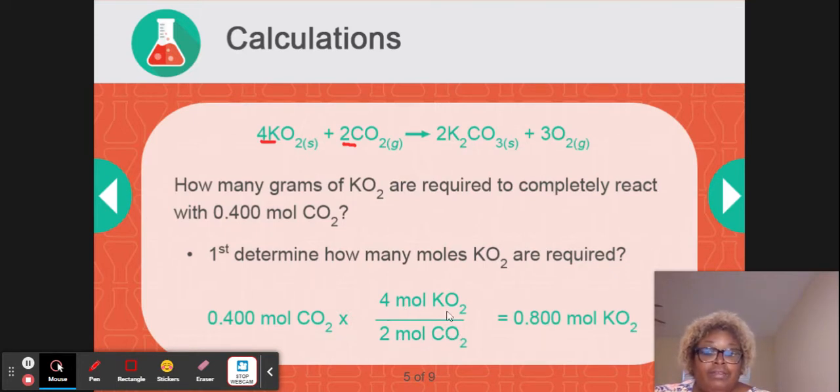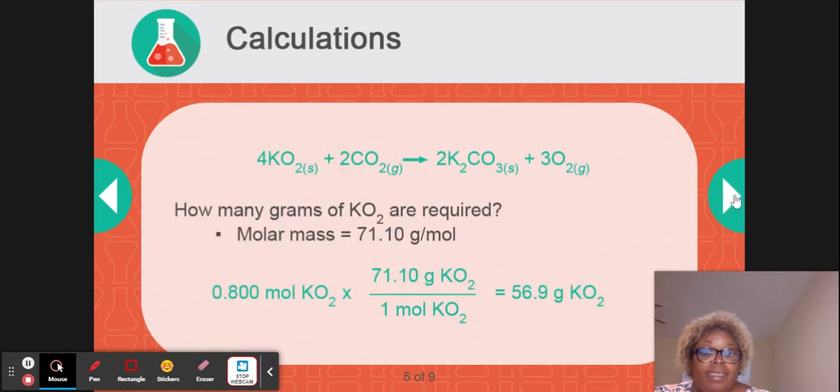So 4 moles of KO2, remember we got that from our coefficient, divided by 2 moles of CO2, again from our coefficient. We multiply everything that's on the top, divide by what's on the bottom, and you're going to get 0.800 moles of KO2. So that's our first step. But we don't want moles of KO2 for our answer. We want the grams. So we're going to go to our next step.